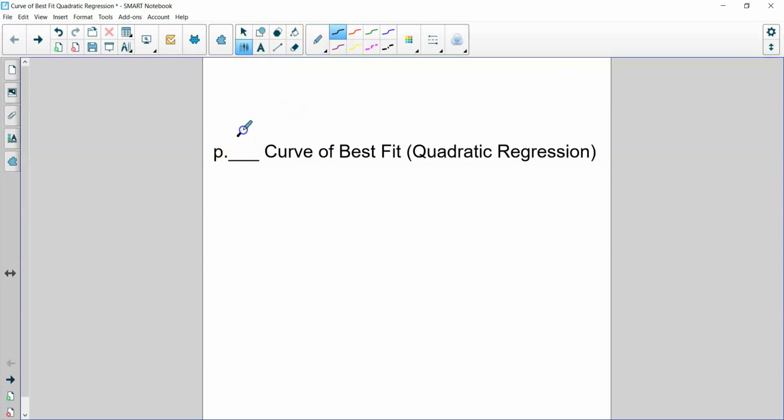Whatever page you're on, this is our very last page of notes for algebra. And if we were in class, we'd probably be crying, or I would be crying at least.